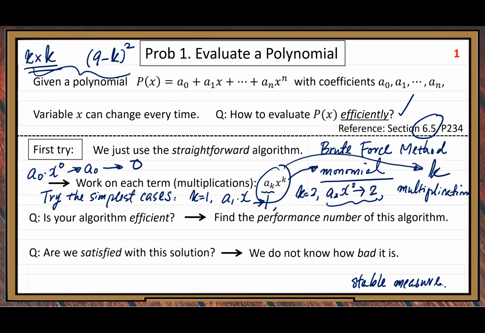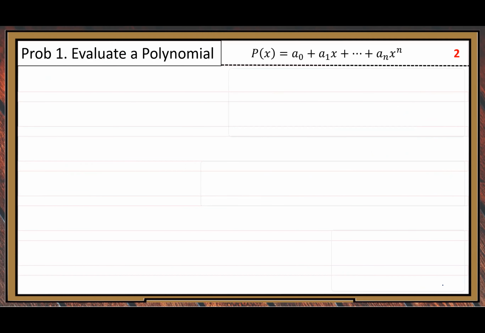So still a long way to go. We need to do a lot of analysis before we can answer these questions. Next, now let's do analysis. Do we really need an algorithm here?